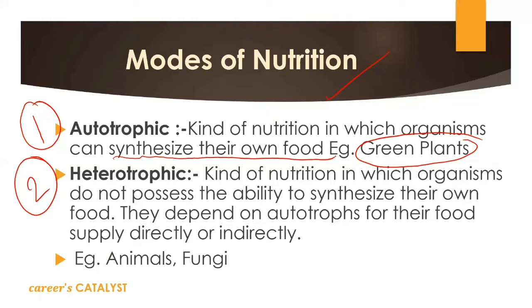Now next is the heterotrophic mode of nutrition. This is a kind of nutrition in which organisms are not able to prepare their own food by using inorganic raw material. So they depend on other organisms for their food.